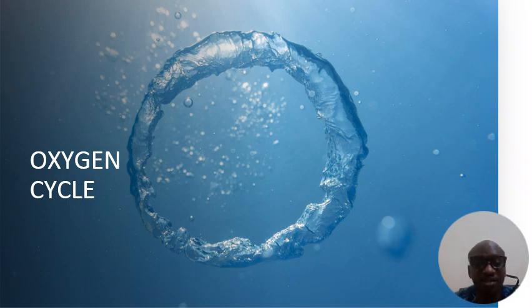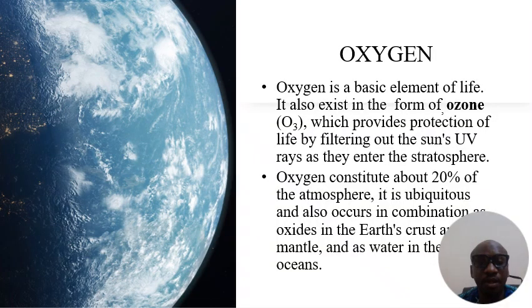Then we look at the oxygen cycle. Oxygen is another important element of life. Oxygen makes up about 20% of the Earth's atmosphere, lower than nitrogen, which is about 79 to 80%.